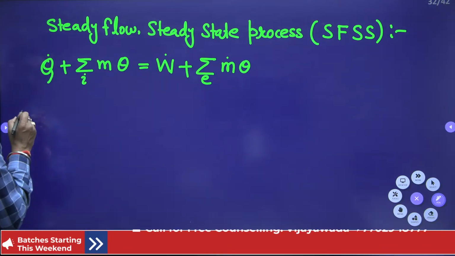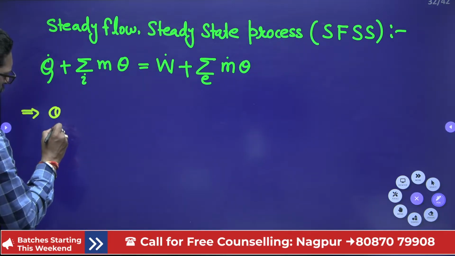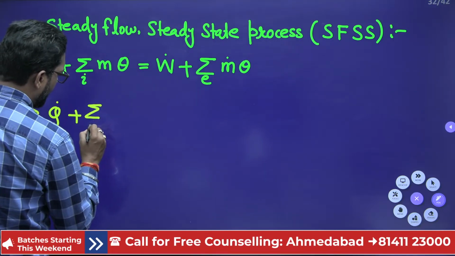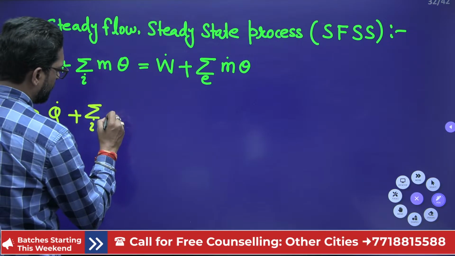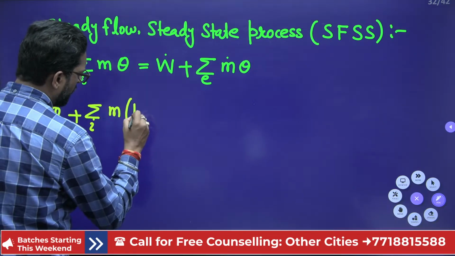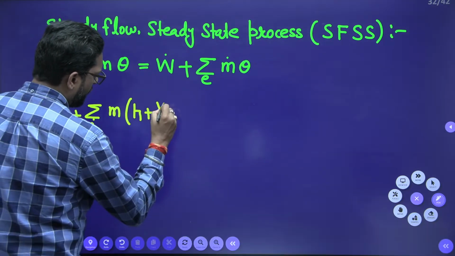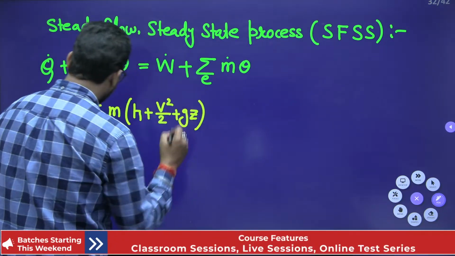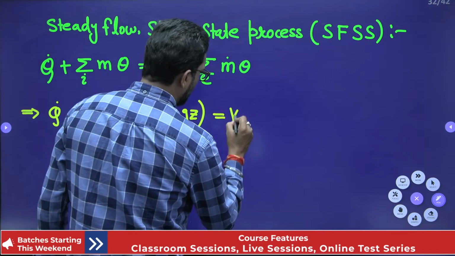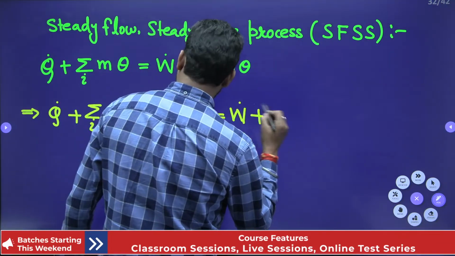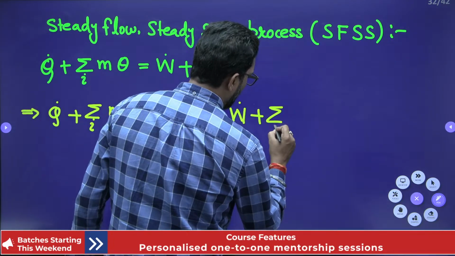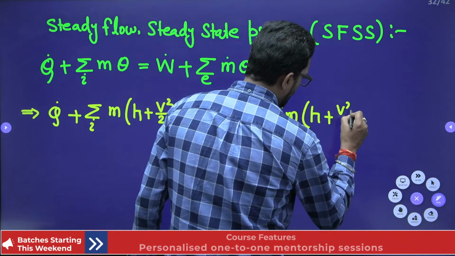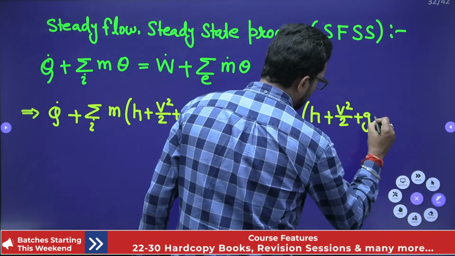So what we can write here in general: Q dot plus summation of all inlet m dot (h plus v square by 2 plus gz) is equal to work plus summation of all exit m dot (h plus v square by 2 plus gz).